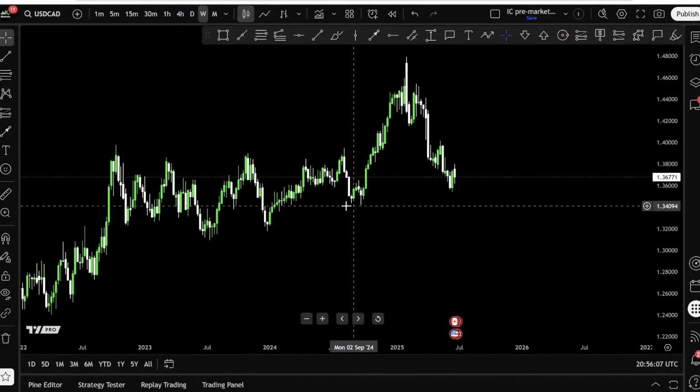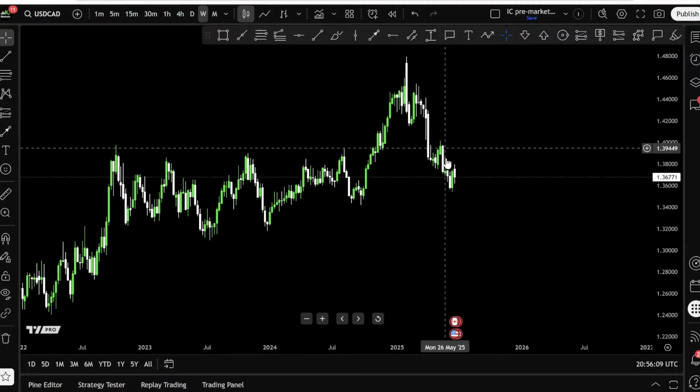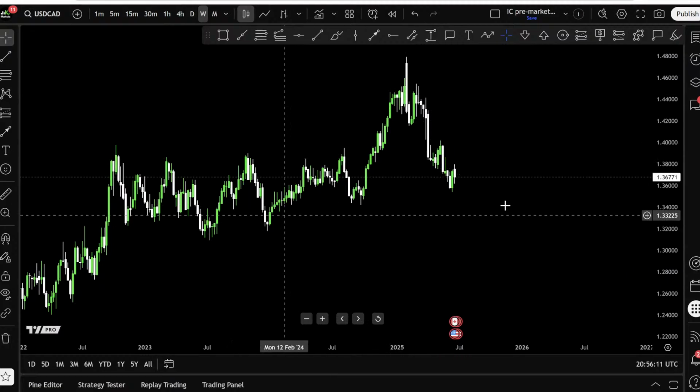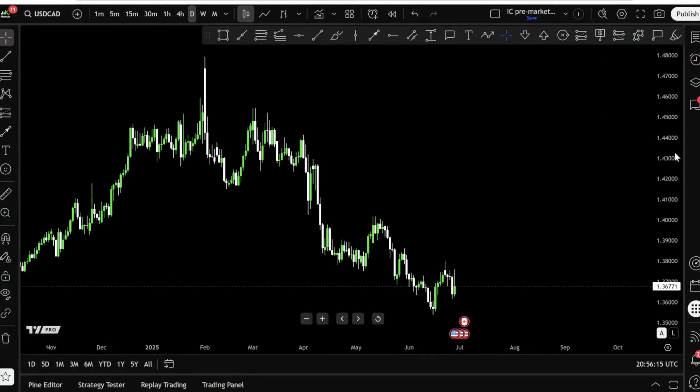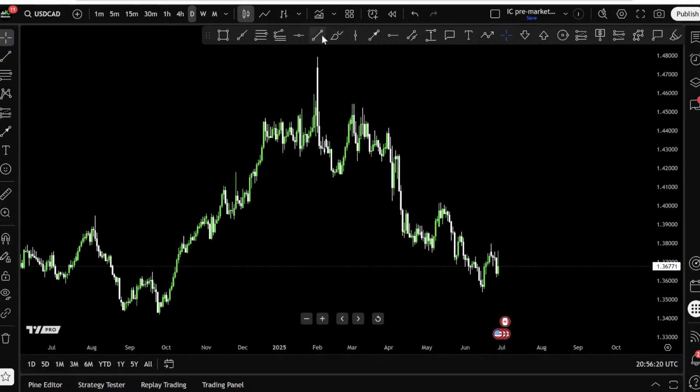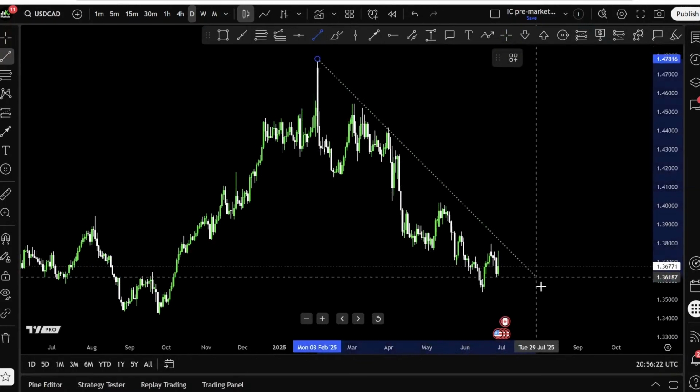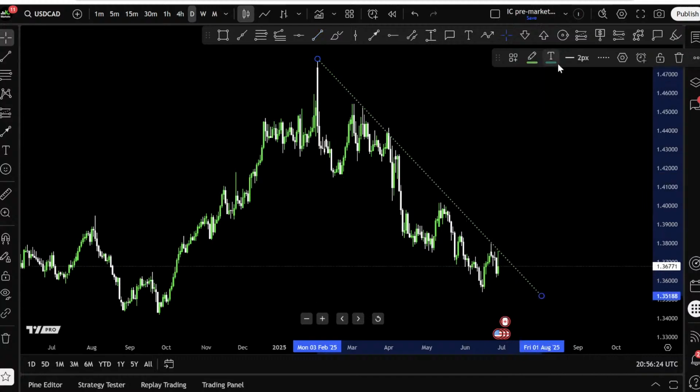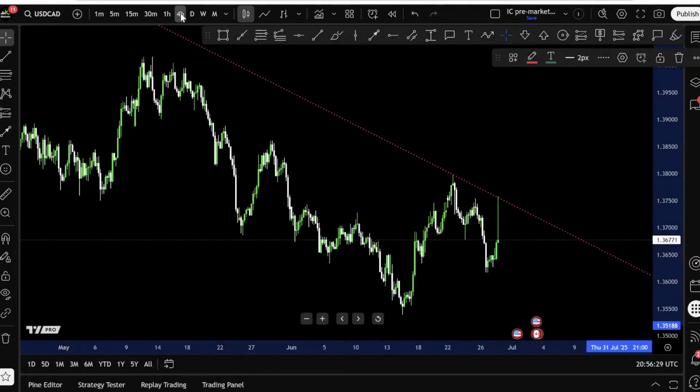So on a weekly time frame, we have prices generally moving downwards, recently showing a slight uptick here. If we look at our daily time frame, prices are also generally falling. We have prices moving in this descending trend line.